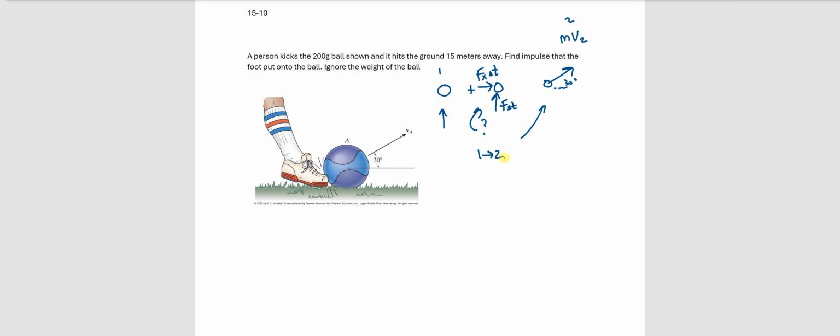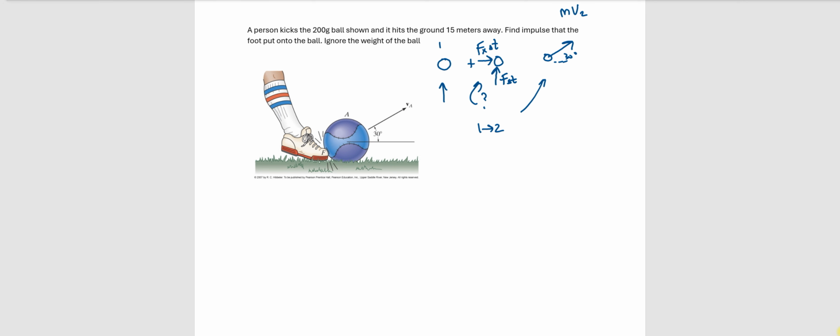Now the question is to find the impulse on the ball. So basically it's to find that Fx and Fy that I drew, and then we'll tack delta t's on. What we're going to have to do is deal with the projectile part of this problem. The ball starts with some initial velocity vector, which I label v1 here at an angle of 30 degrees, and it hits the ground 15 meters away.